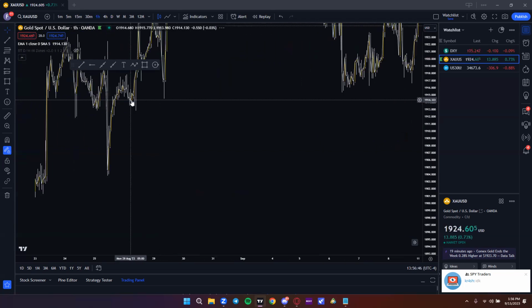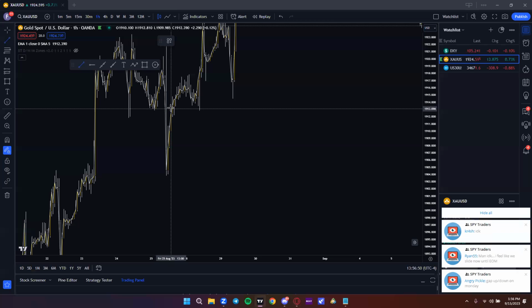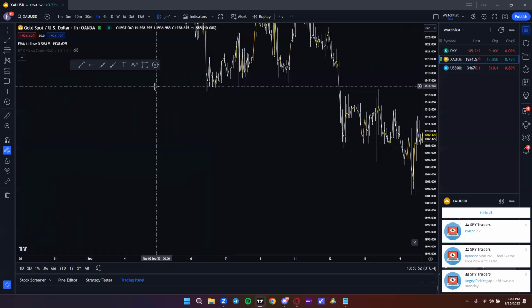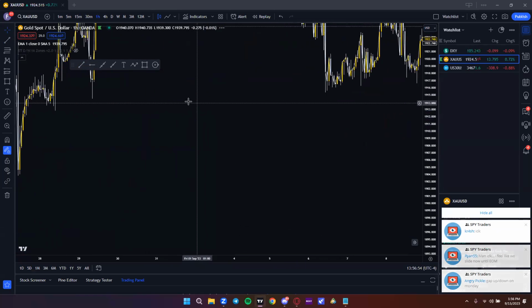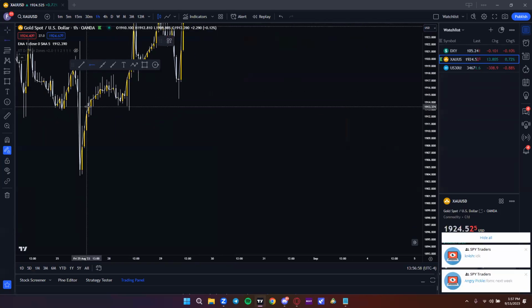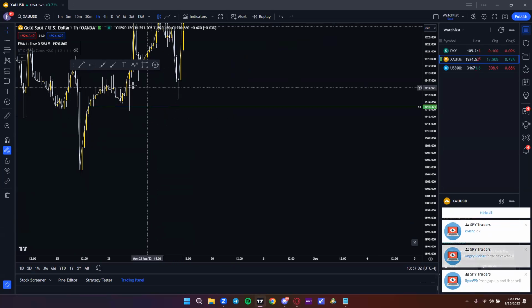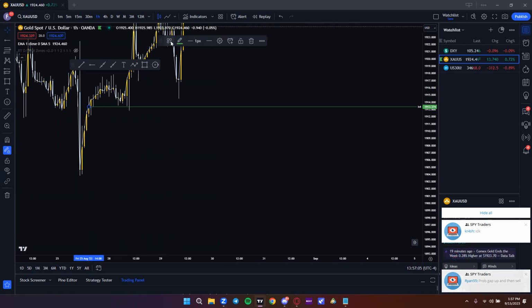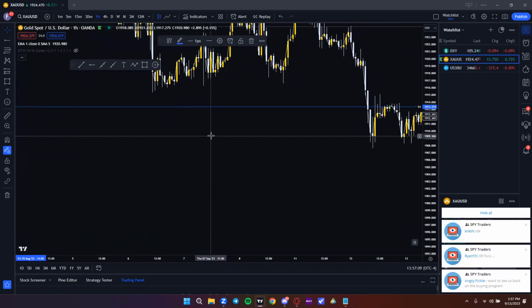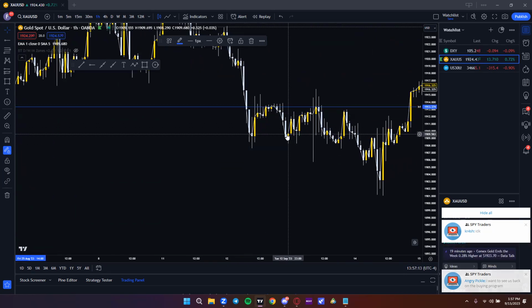Ah, yes, this is it. No, not green, blue. So I found this level and I took this trade.